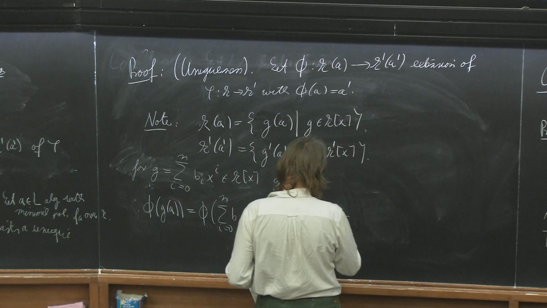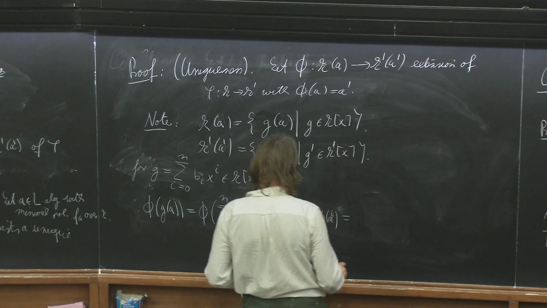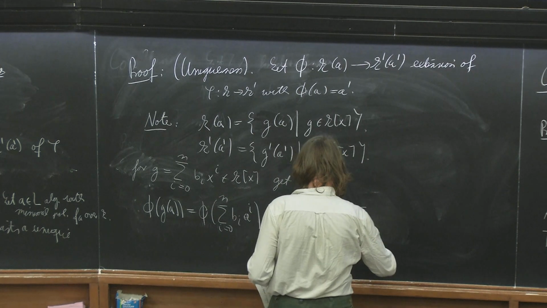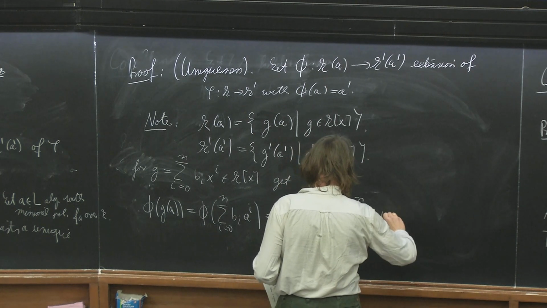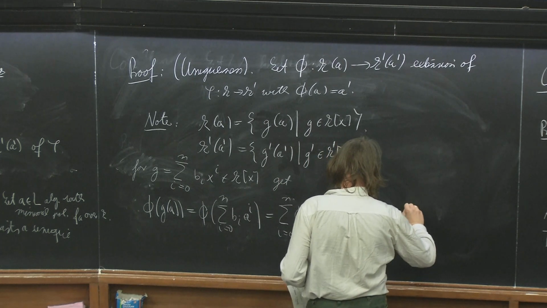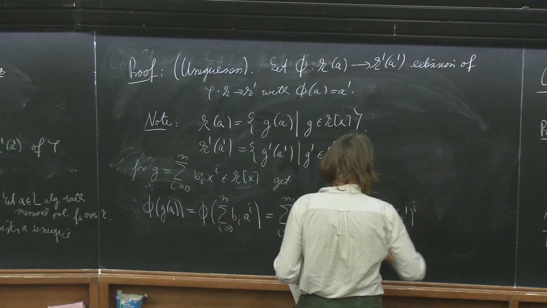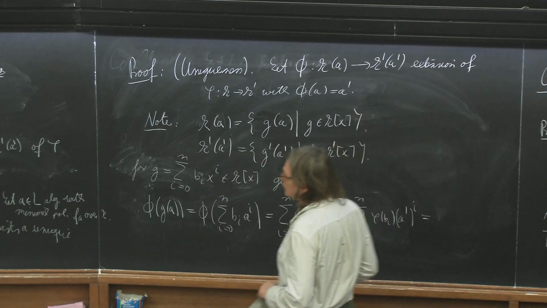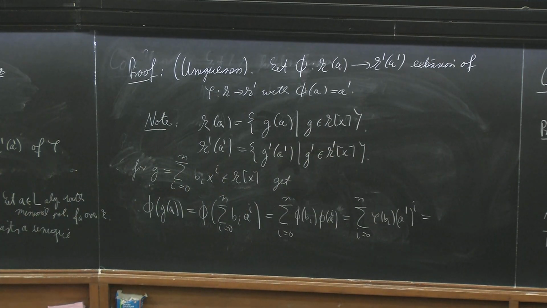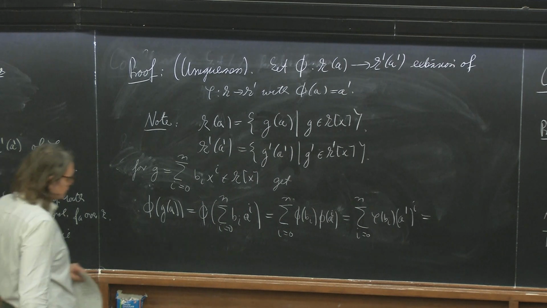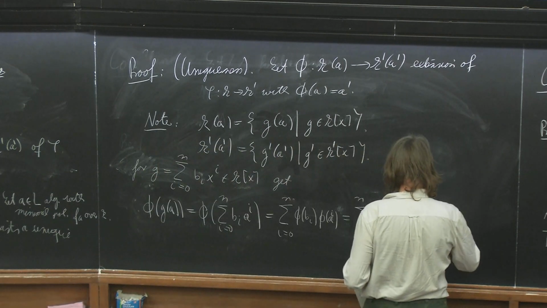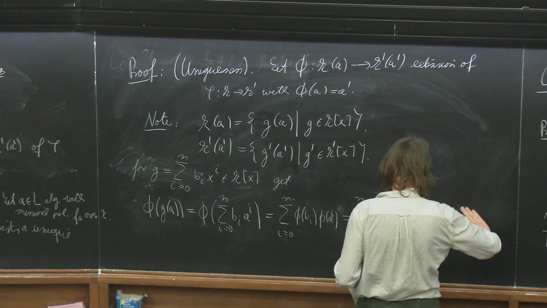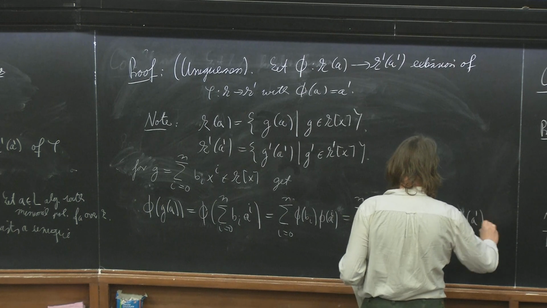Phi of a is a', so this is the sum over i of phi(b_i) a'^i, which according to the notation I introduced here is just phi star of g evaluated at a'.